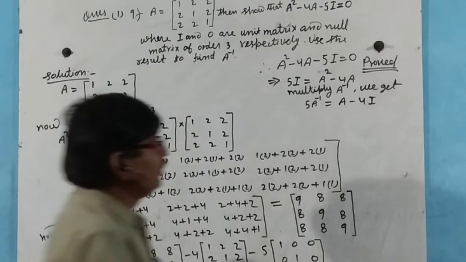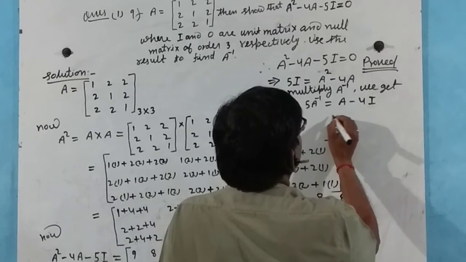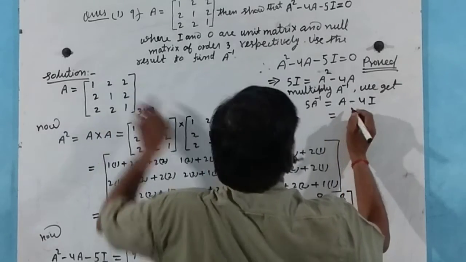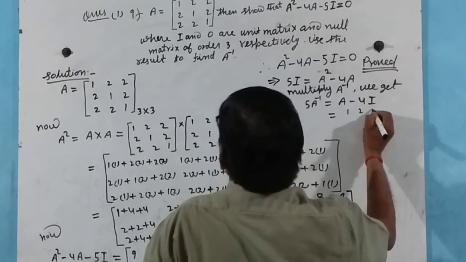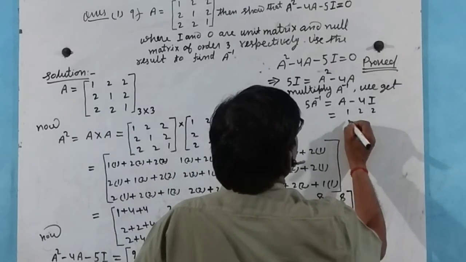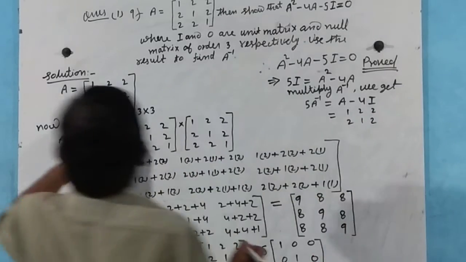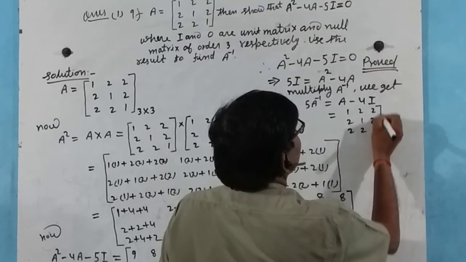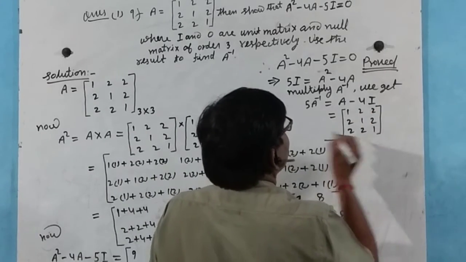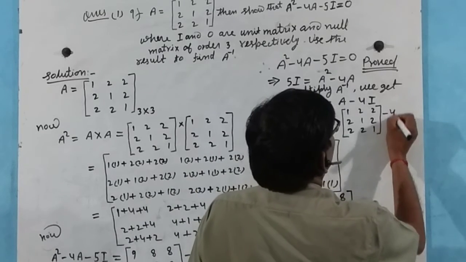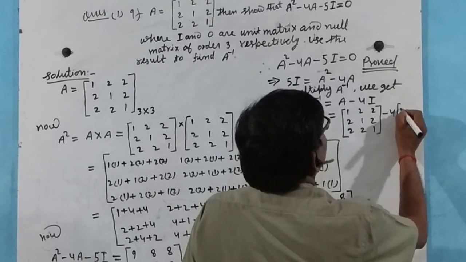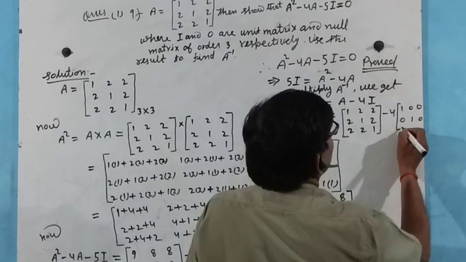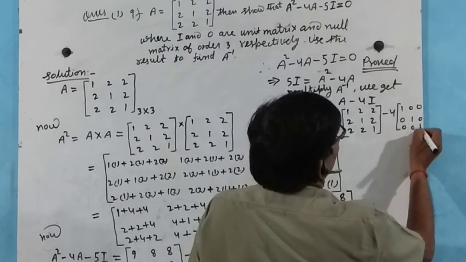Now putting here A equal to this 1 2 2, 2 1 2, 2 2 1, minus 4I, 1 0 0, 0 1 0, 0 0 1.